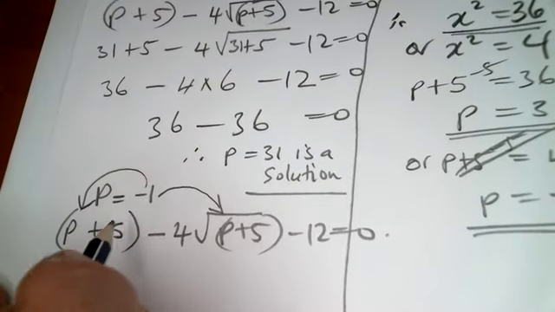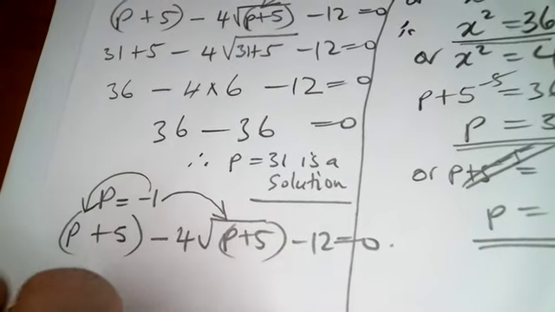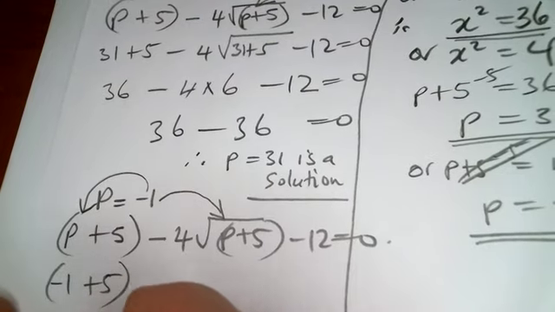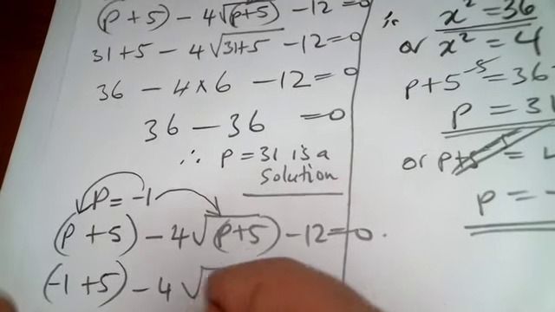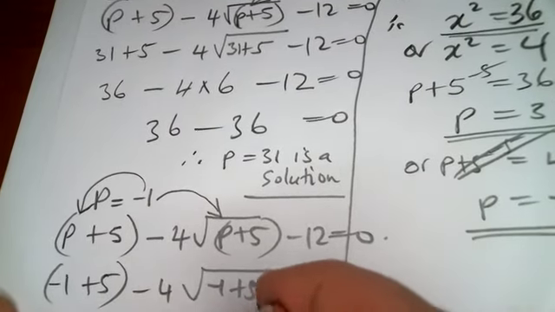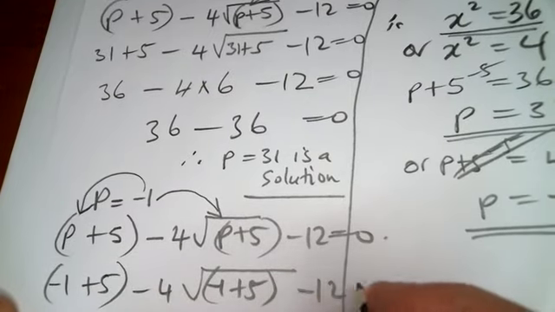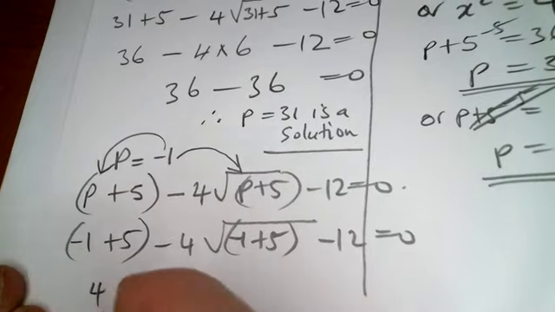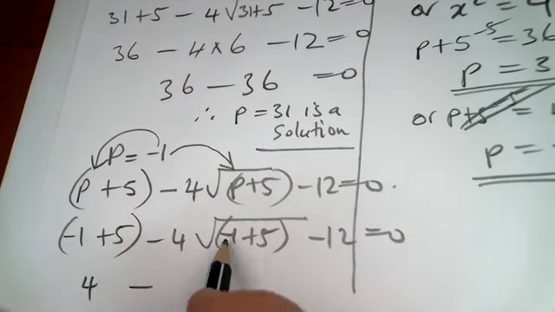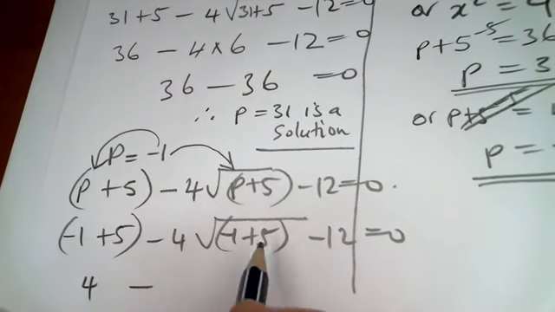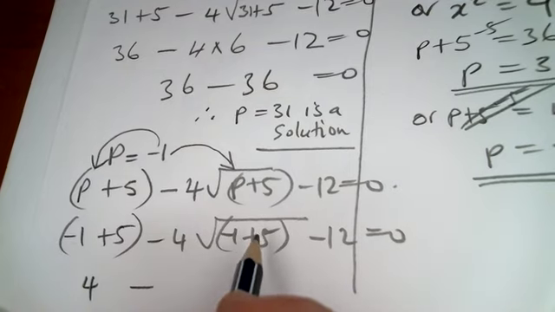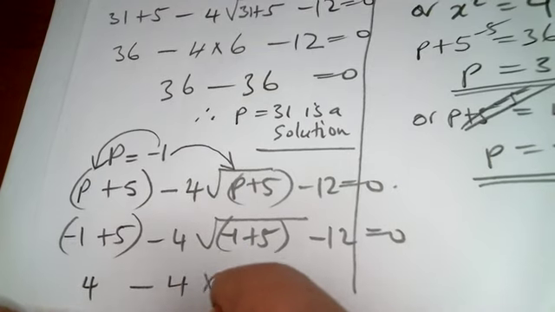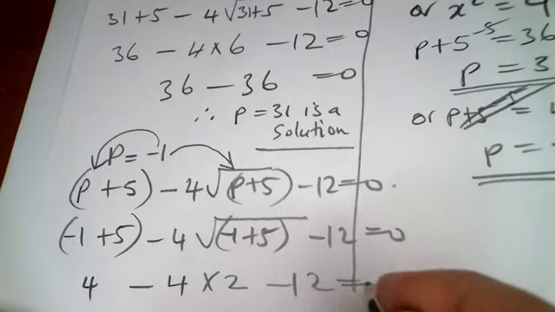So I've got negative 1 plus 5 minus 4 times the root of, well, negative 1 plus 5, minus 12 is equal to 0. So negative 1 and 5, oh, that's going to be 4. Square root of 4 is 2. So I've got 4 minus 4 times 2 minus 12 equals 0.